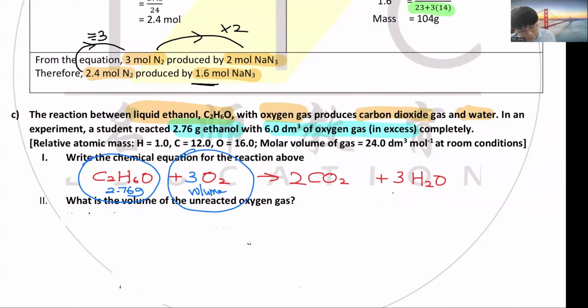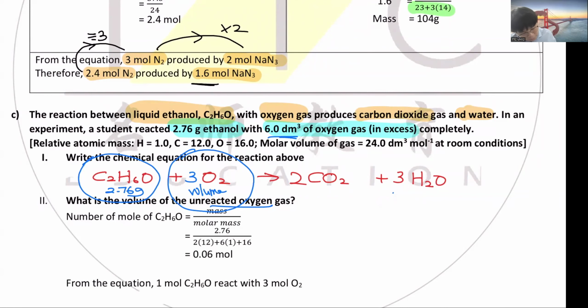Okay, you got this number. Okay, unreacted oxygen. So you calculate first. Take the mass to get mole. Then look at the ratio between these two.